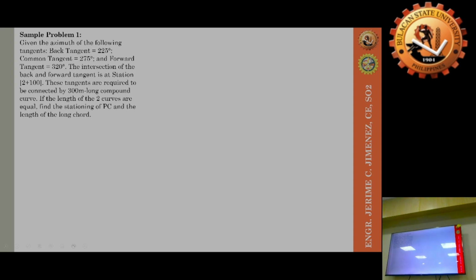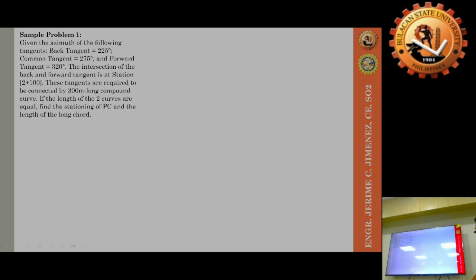Okay, sample problem 1. So, given the azimuth of the following tangents, back tangent is equal to 225 degrees, the common tangent is 275 degrees, and the forward tangent is equal to 320 degrees. The intersection of the back and forward tangent is at station 2 plus 100.